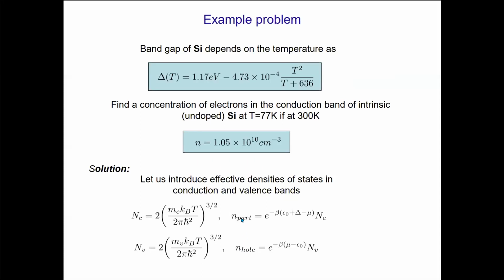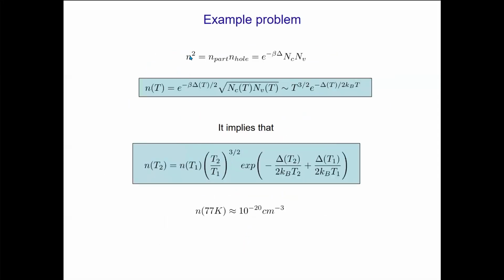If we multiply them, this is the approximate concentration of particles or holes. So n squared, if you multiply these previous two expressions, you get this expression. If you substitute everything, you can get the dependence of this concentration or density of particles or holes as a function of temperature.